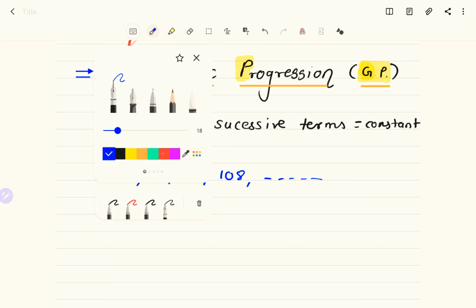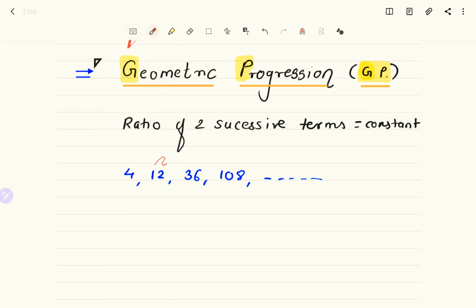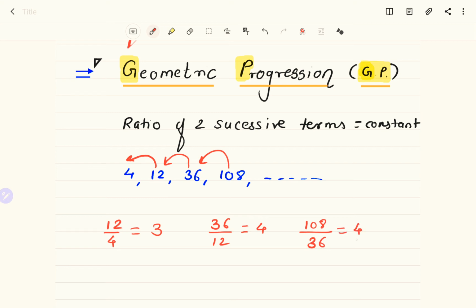Just take the ratio of these terms. The ratio of 12 by 4 is 3. Then take the ratio of 36 with 12. If you divide 36 by 12, the ratio is 3. Then divide 108 by 36, and the ratio is again 3.